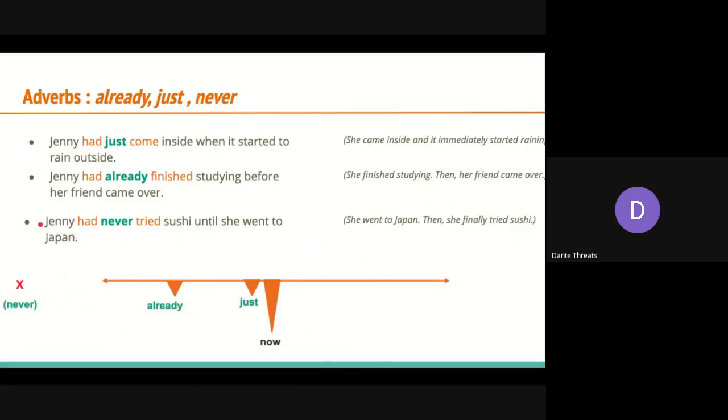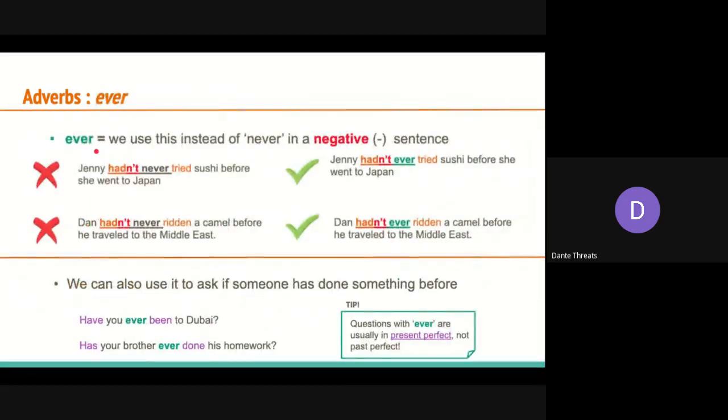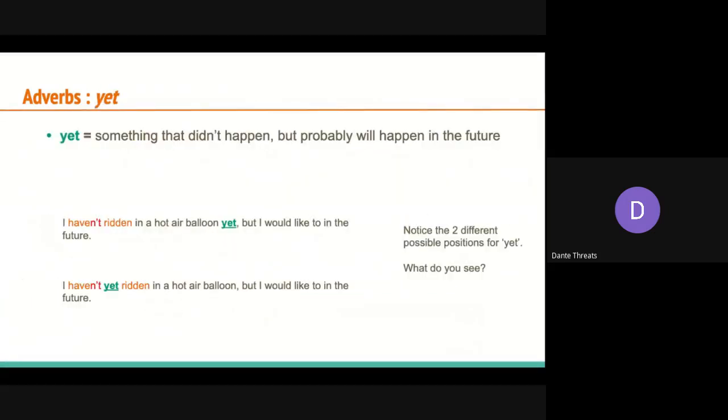Okay, some examples. Jenny had just come inside when it started to rain outside. Okay, sorry about that.